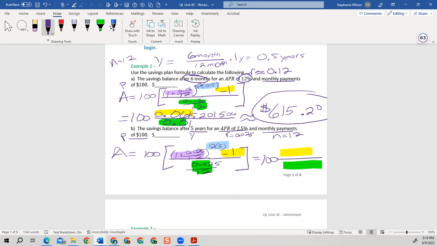I'm going to raise it to the power of 12 times 5, which is 60. And then I'm going to subtract 1. So now we have, okay, and then the denominator, we got 0.025 divided by 12.